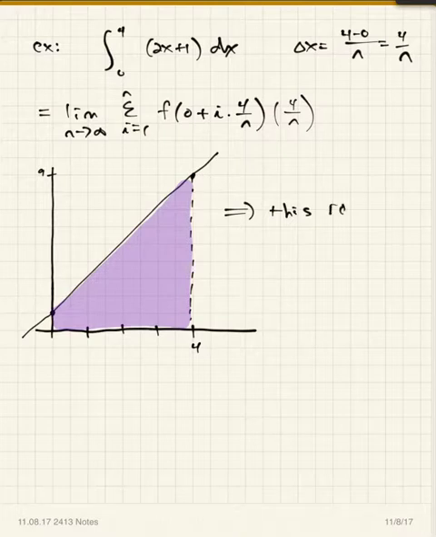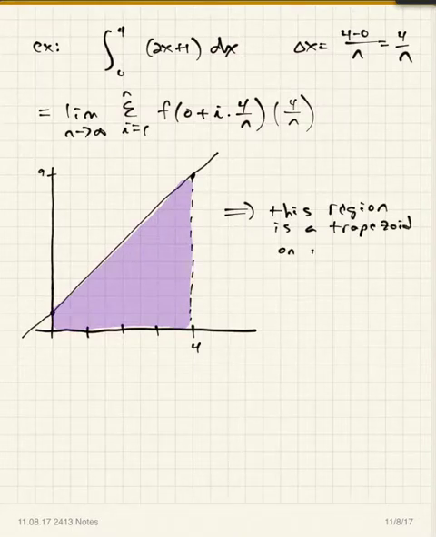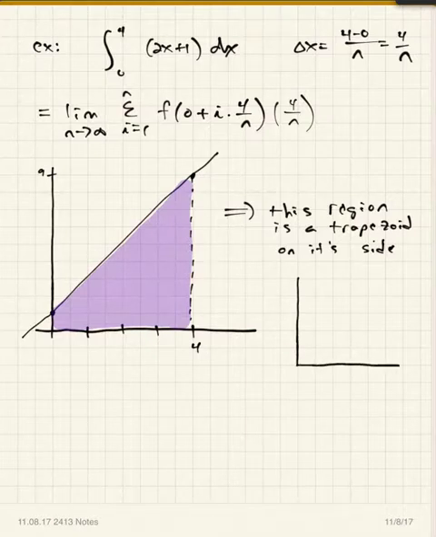This region is a trapezoid on its side. If you actually tipped it over, you'd have a trapezoid that looks like this, with a very small base at the top, something that looks sort of like that.